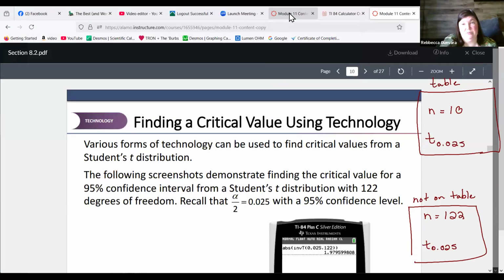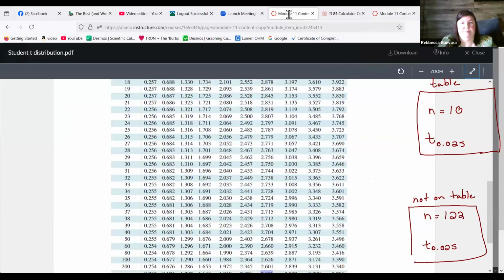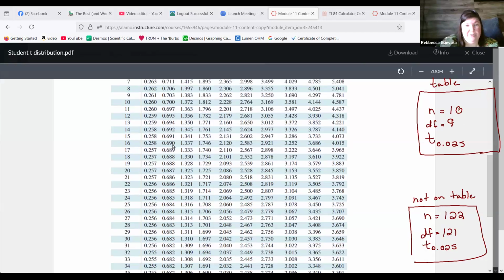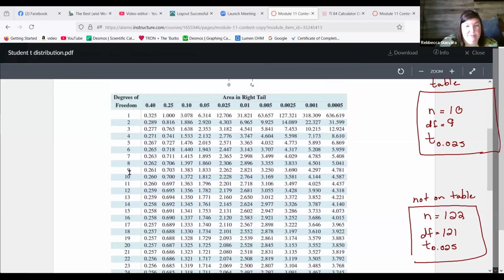If I use the table, this one's telling me that my degrees of freedom are going to be 9. My degrees of freedom here are going to be 121. So this one we had already found. Oops, I'm highlighting everything but the actual number that I wanted.